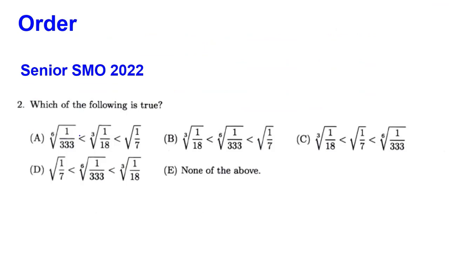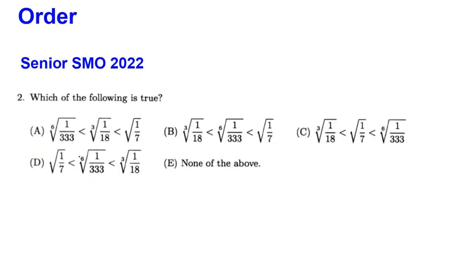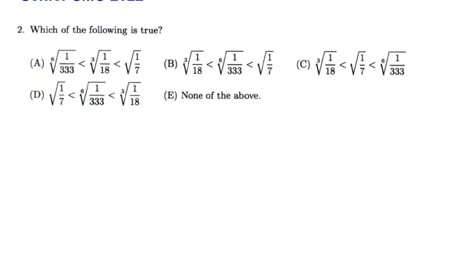Okay, first idea, order. When you see problems like this, and you want to consider the order, we had a similar problem in BMO, British Mathematical Olympiad, you should consider two by two. For example, this number and this number. First, let's see which of them is greater. When the index is 6, you can say it is 1 over 333 to the power of 1 over 6.